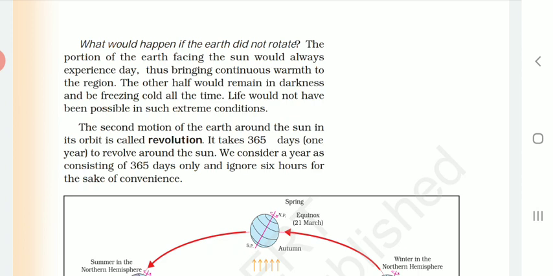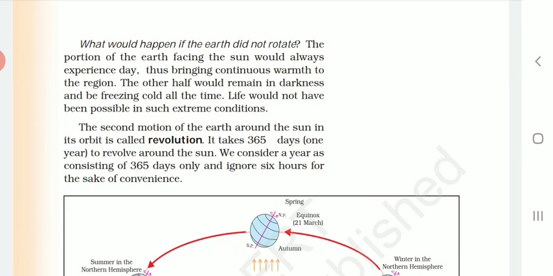At the same time, the other half would remain in darkness and be freezing cold all the time. The half that is not facing the sunlight will always remain in darkness and convert into freezing cold conditions.